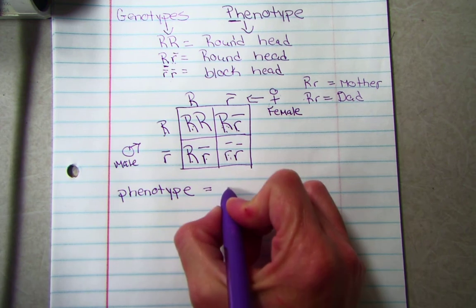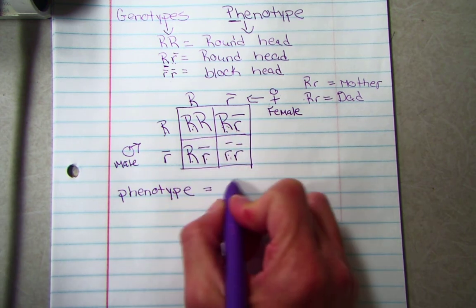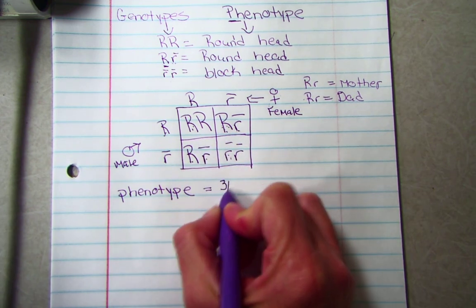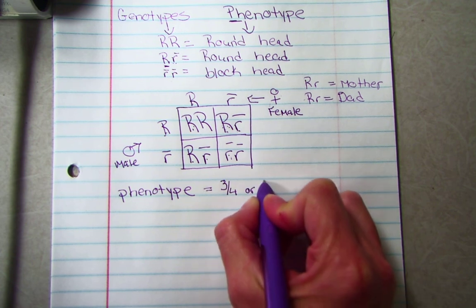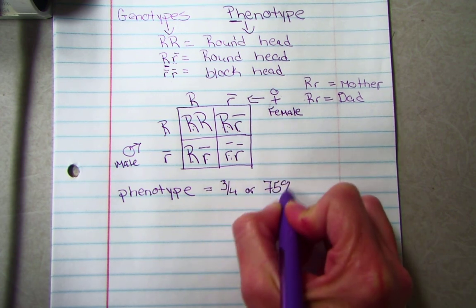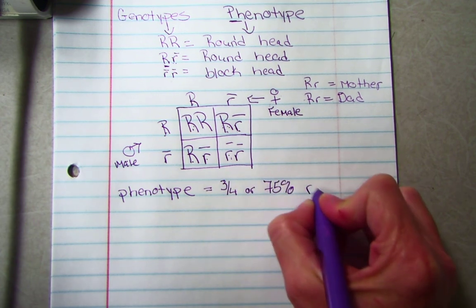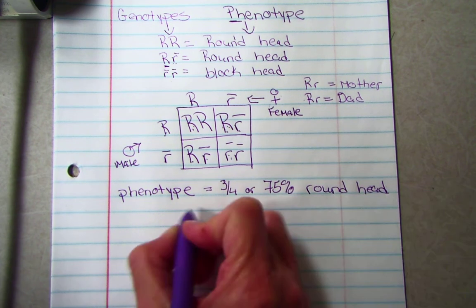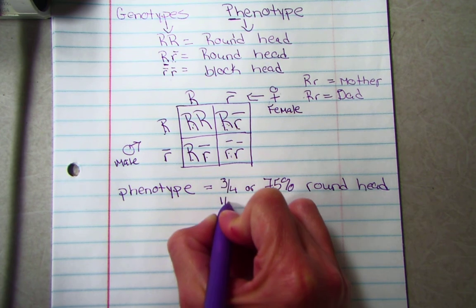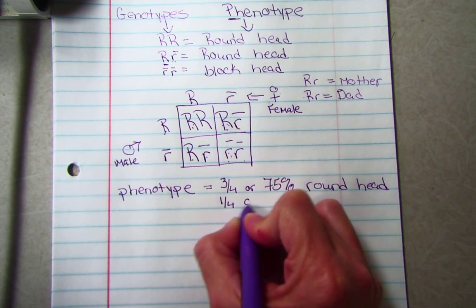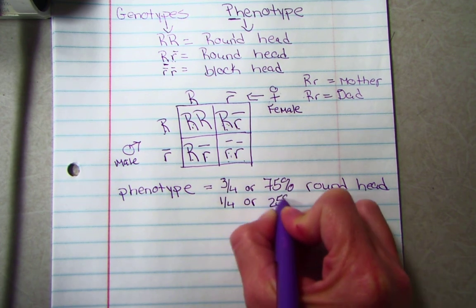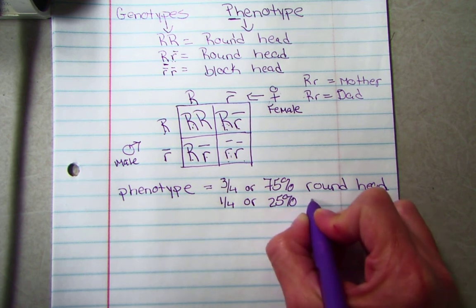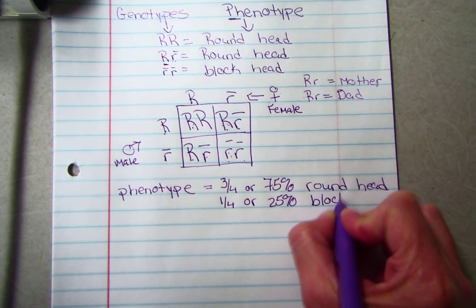So I have 3 out of 4, or I could say 75% chance of having a round head. And then I have 1 out of 4, or 25% of having a block head.